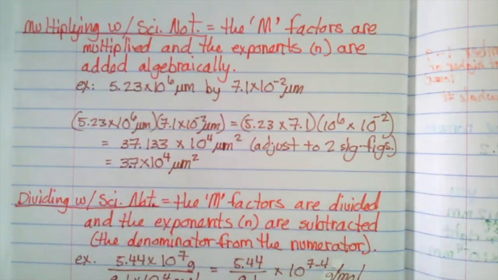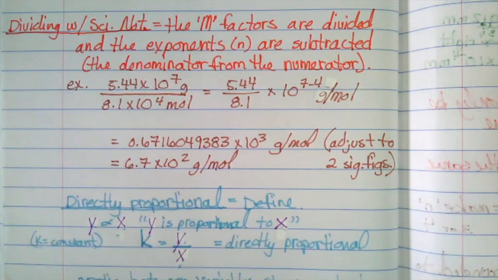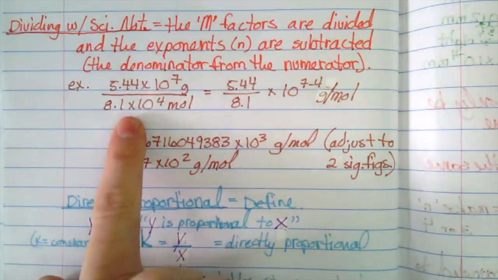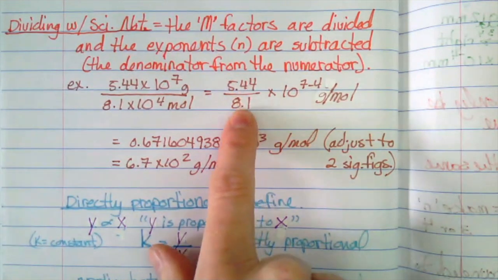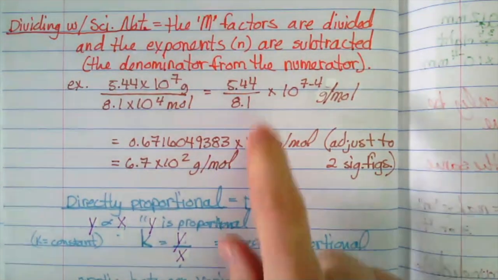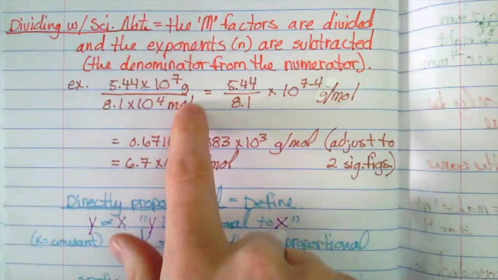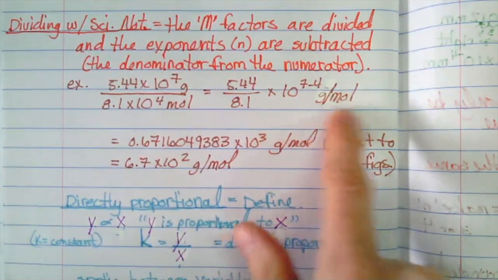And there's our answer. Dividing with scientific notation, the m factors are divided, and then the exponents are subtracted, denominator from the numerator. So I write out my problem. I have 5.44 divided by 8.1 times 10 to the negative 4th power. And because I have grams divided by moles, my units are grams per mole.